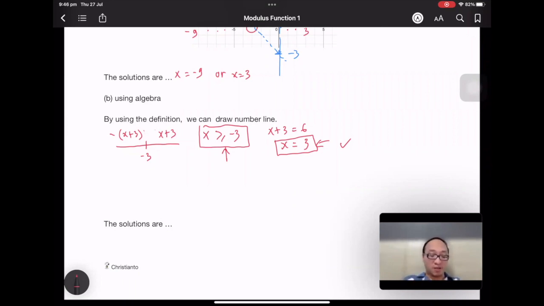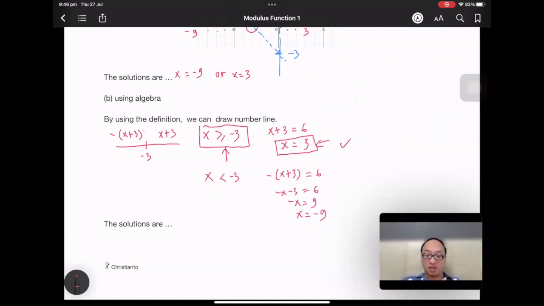And for the other region, for x smaller than negative 3, the value will be negative (x plus 3) equals 6. So minus x minus 3 equals 6. Minus x equals 9. So x equals negative 9.